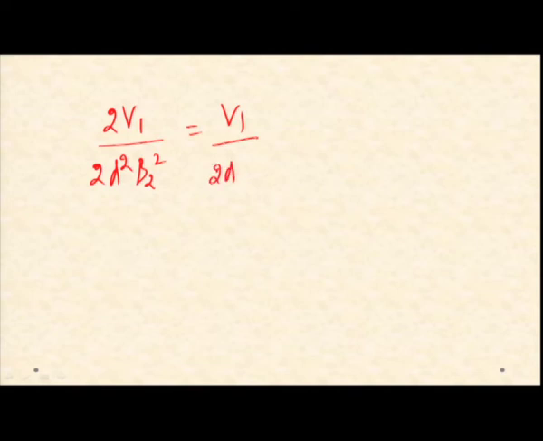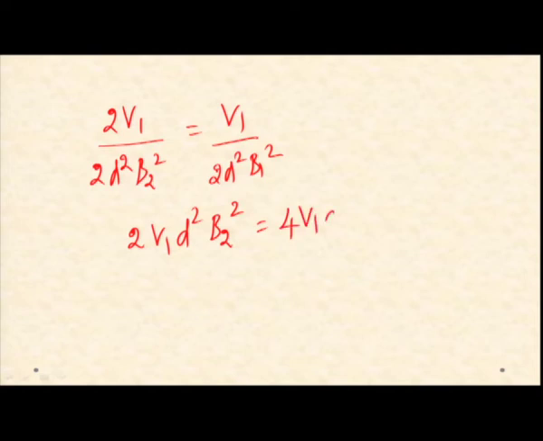Combining the two equations, because in the question it is said that for the beam to be undeflected, 2V1 by 2D square B2 square is equal to V1 by 2D square B1 square. If you rearrange this equation, we will get 2V1 D square B2 square is equal to 4V1 D square B1 square.